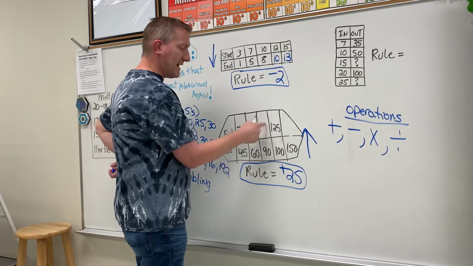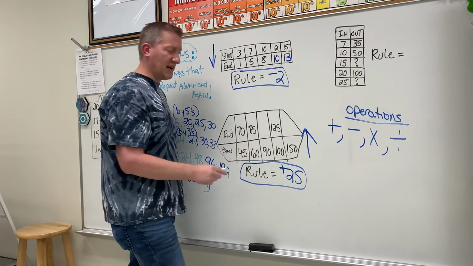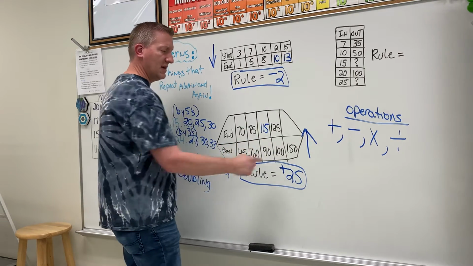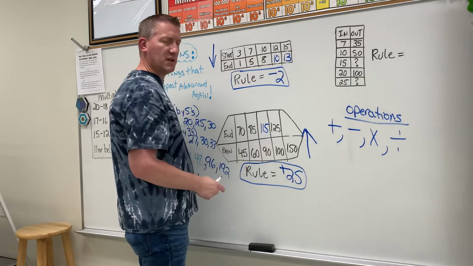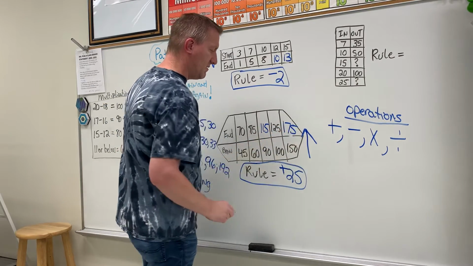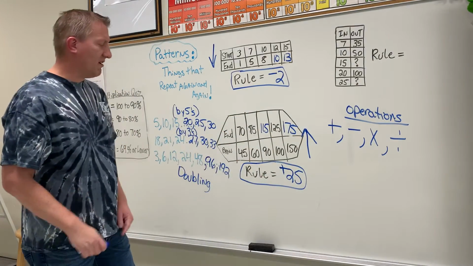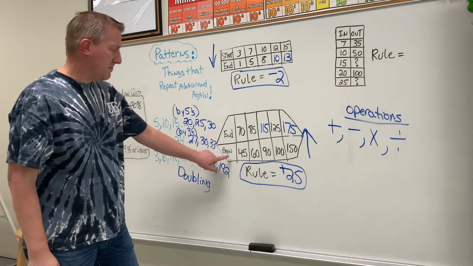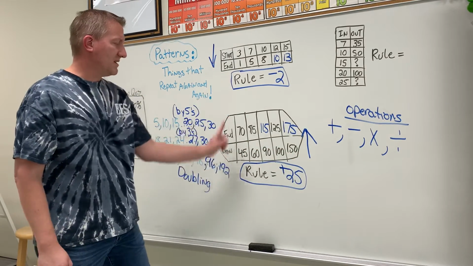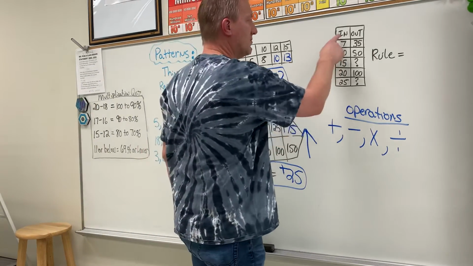So if we go back and find these missing spots, 90 plus 25, yep, 115. And 150 plus 25, yep, you got it, 175. So here we solved this one, but you had to be careful because you started from the bottom and you went this way.